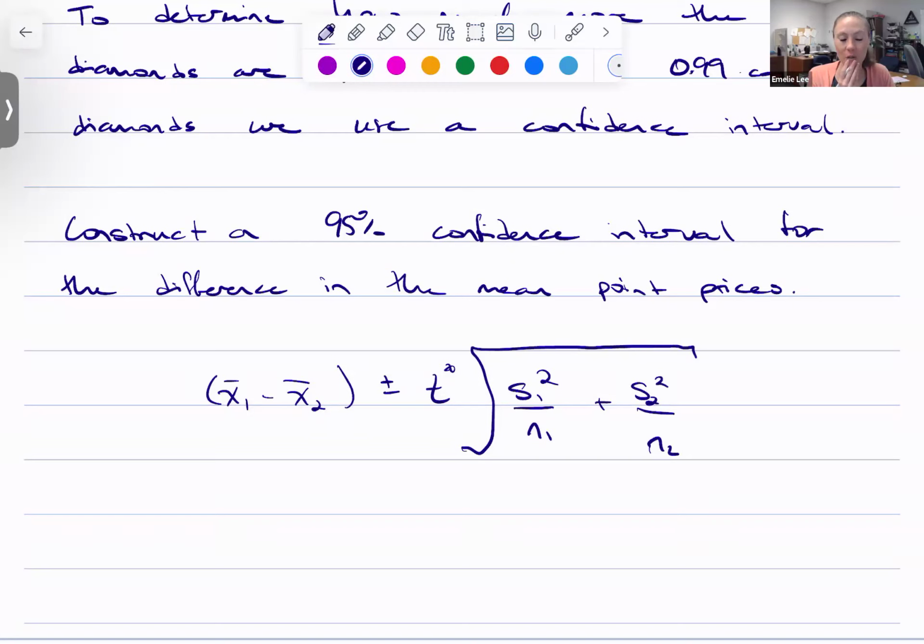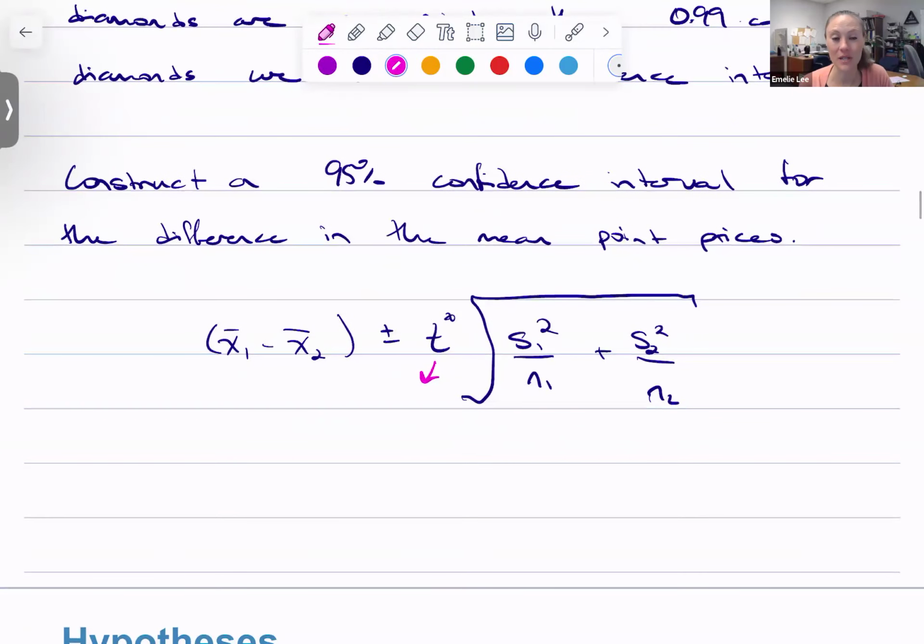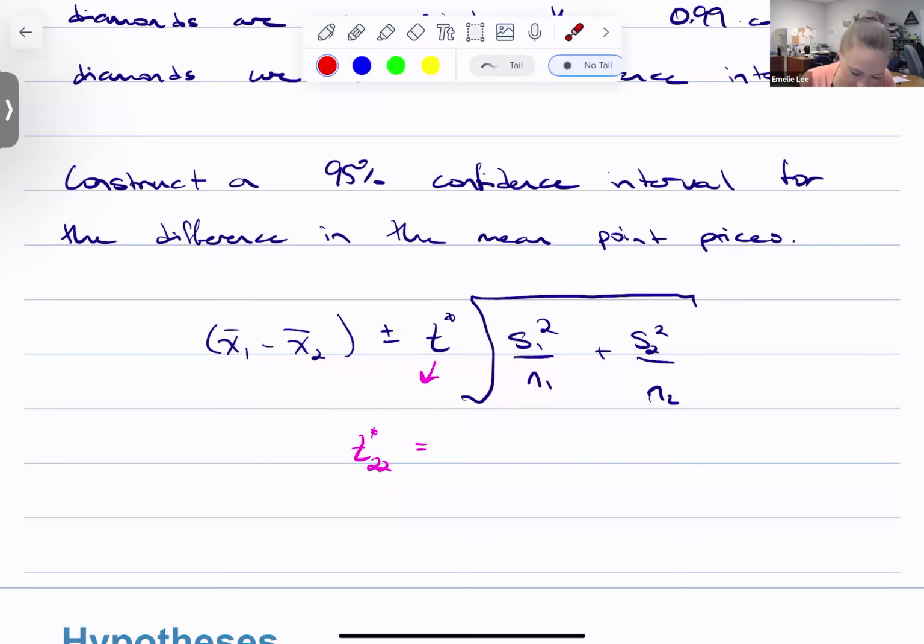The only thing that's new here is the t star, and t star at 22 degrees of freedom. So the degrees of freedom stays the same. T star for a 95% confidence interval. So notice how I use the little 22 down here. That's just the degrees of freedom.